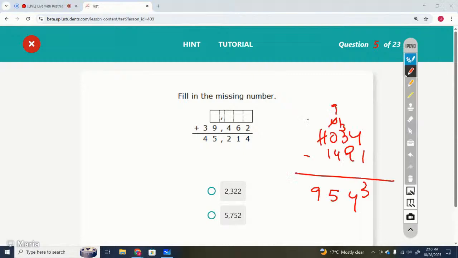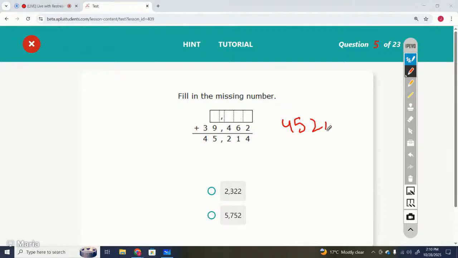So we need to subtract the given number out of the sum. So 45,214 minus 39,462. 4 minus 2 is 2. We cannot subtract 6 out of 1, so we need to borrow 1.